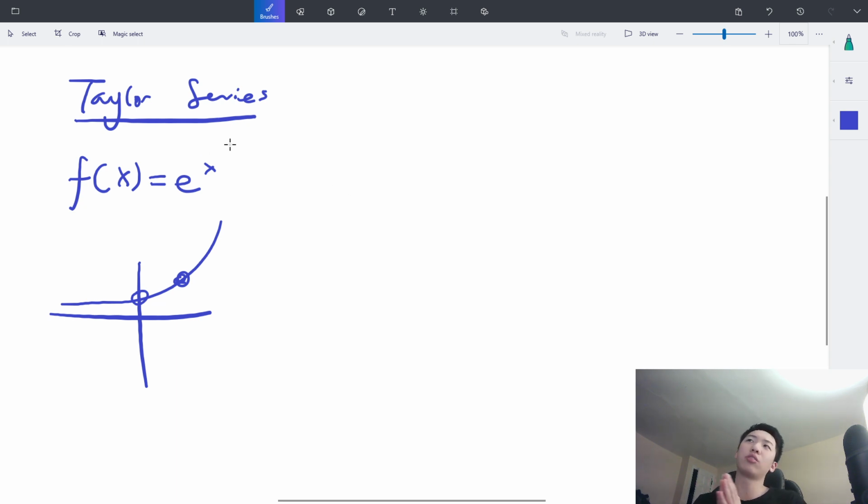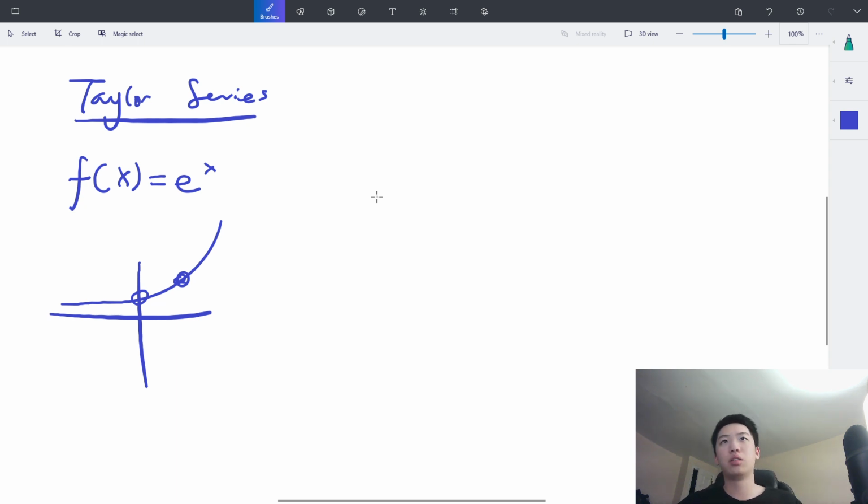Now the problem is, how do you make this polynomial? Well, basically at the value you start at, you have to match all of the nth order derivatives. So let's say you had the first derivative, the second derivative, you can calculate all of that beforehand for f of x. In this case, for e of x, we have, of course, e of x all the way down for every single derivative.